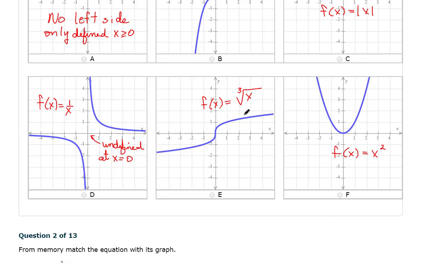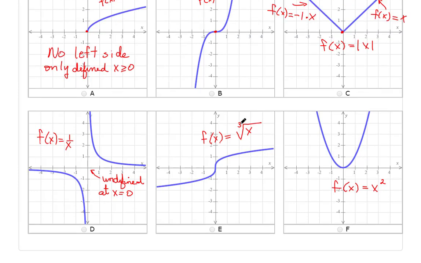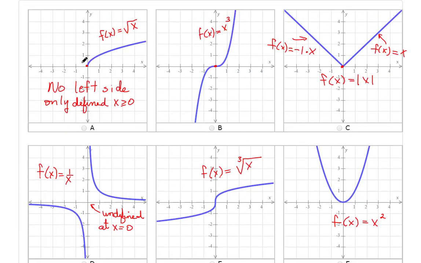Here we have the cube root of x. Now, remember, square root up here had no left-hand side. But the cube root function does. It goes through the origin. It does kind of look similar to the square root, but this left-hand side is there.